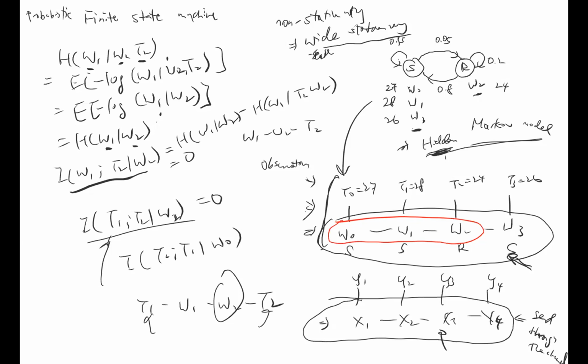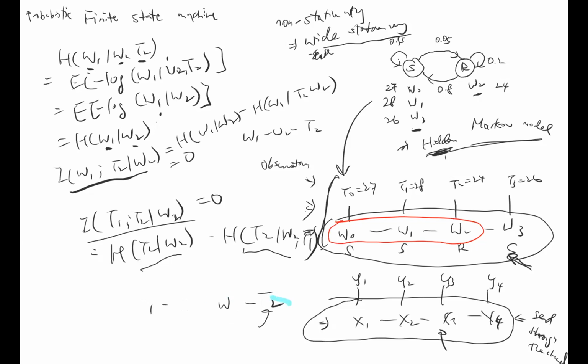And of course, I can verify that also, by looking at it this way, as H(T2 | W2) minus H(T2 | W2, T1). But I can pretty quickly also say that this is actually equal to this guy here. First of all, let's see how I'm going to do that.